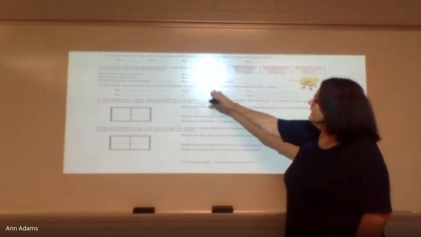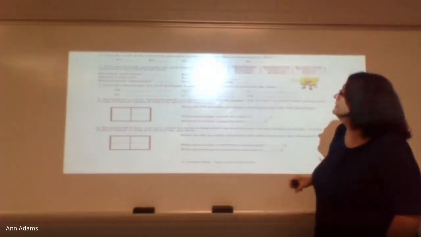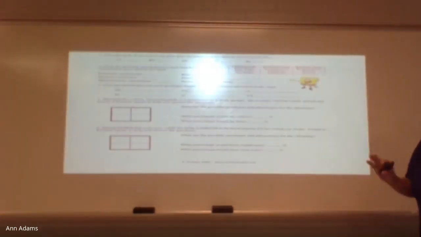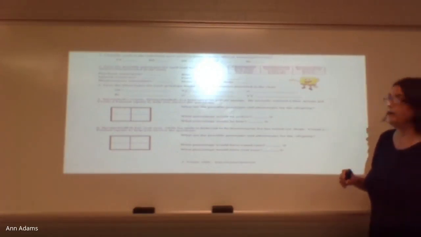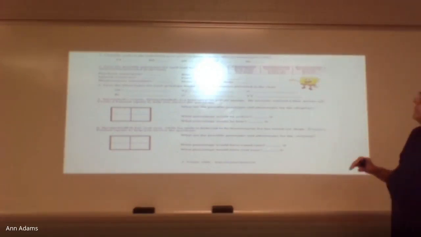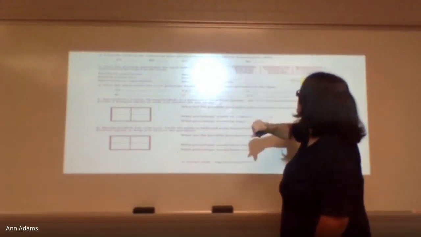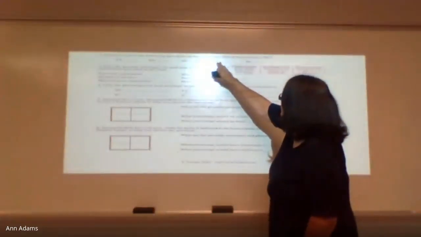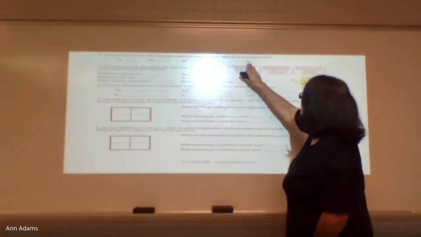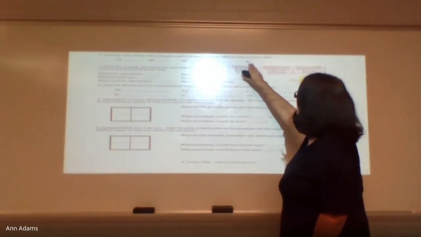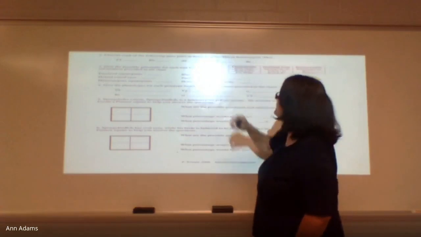Okay? Little d, little d. That's also HO. Okay? Big F, little f. Those are different, so that's heterozygous. Big R, little r. Those are different, so that's heterozygous.